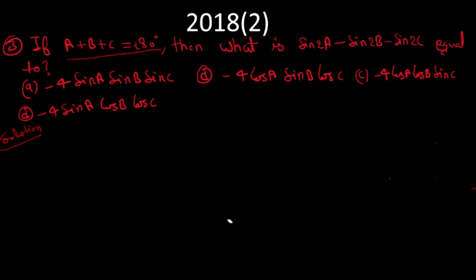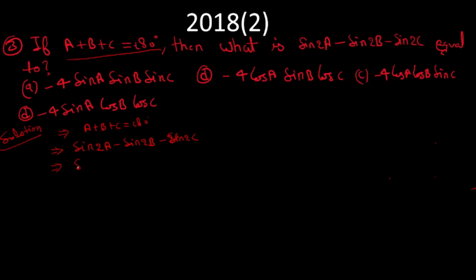Okay. What is given in our question? Our question gives a plus b plus c equal to 180 degrees. And what is asked? Our question asks the value of sine 2a minus sine 2b minus sine 2c. So what will we do here?